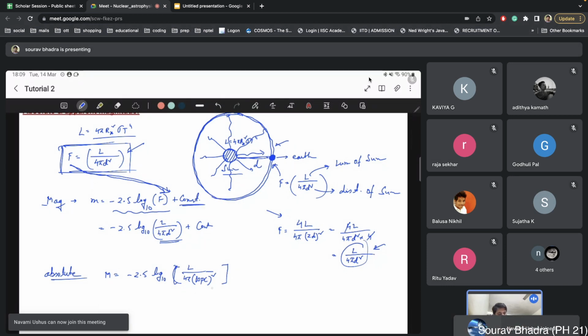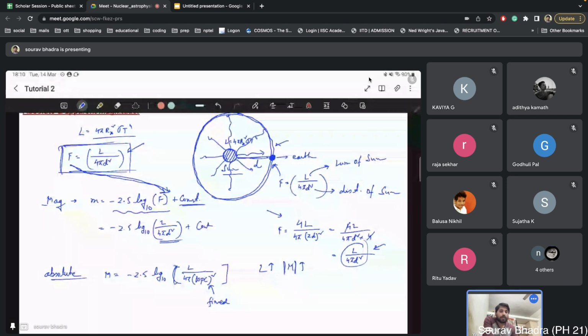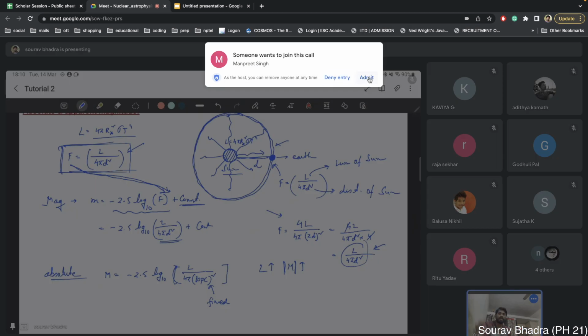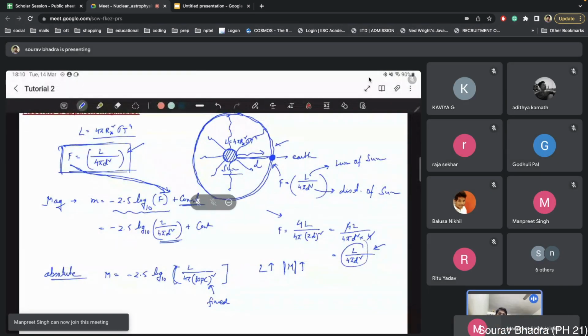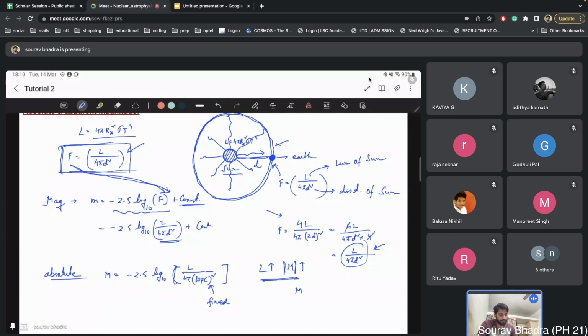Now your distance is fixed, so if your L increases, your M increases. I am talking about the modulus value of M, although there is a minus in front of that value, so it is going to greater negative, but I am talking about the magnitude value. So L positive means the mod M value is going in a positive direction, or taking into account the negative sign, M is going lower and lower.